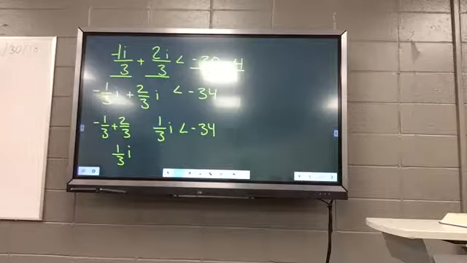I'm pretty sure it's wrong. Just draw that arrowhead. It's right. This is why. You see how you divide it by 1/3? You could do that, but if you do stay, change, flip, it's negative 34 times 3.